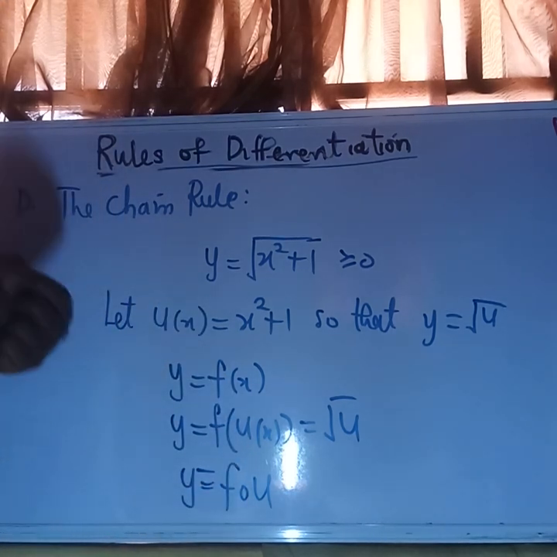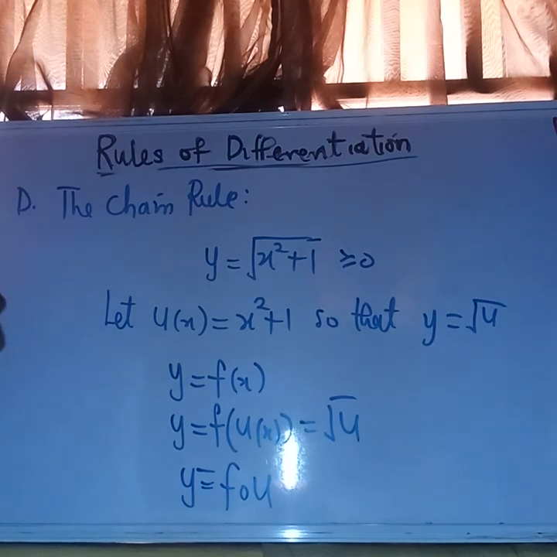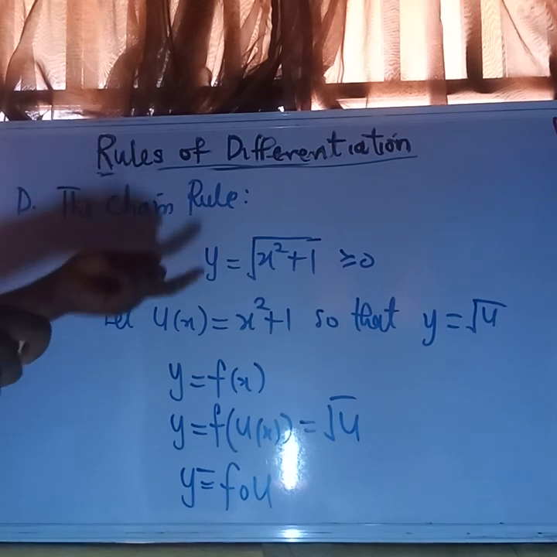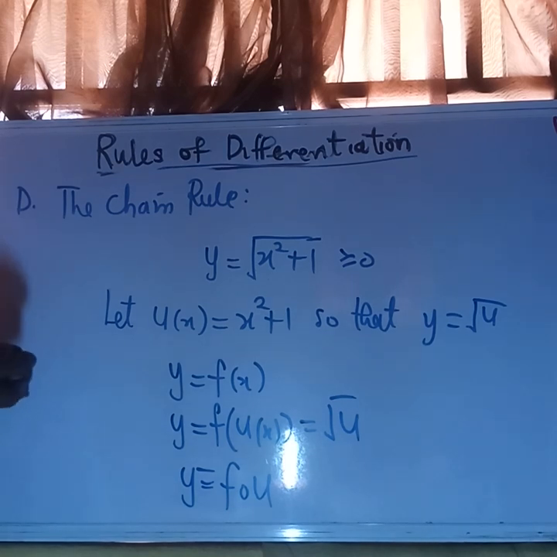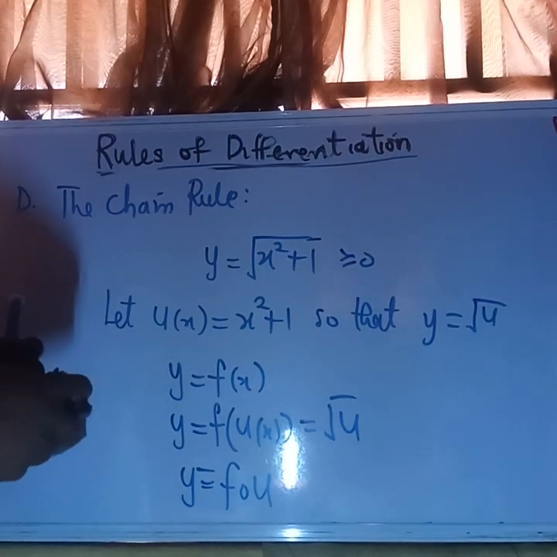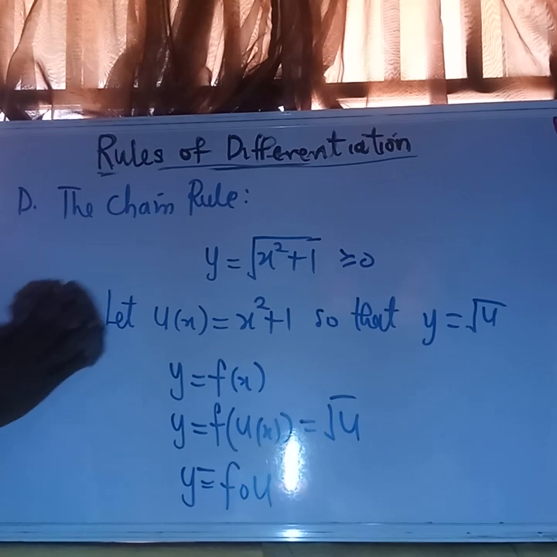But the aim of this class is to show what the chain rule is and how we use the chain rule to find the derivative of a composite function. So let's define this, after which we will consider some examples where the chain rule can be applied.